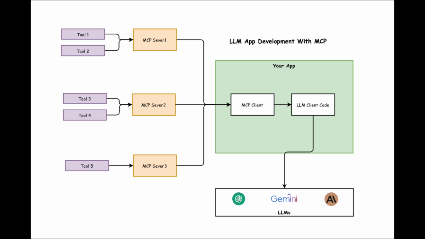We had 2 tools coming from MCP server 1, 2 of the other tools coming from MCP server 2, and 1 of the tools coming from MCP server 3. Now in your client code or in your app code, the only component that you need is an MCP client to talk to any of these MCP servers.